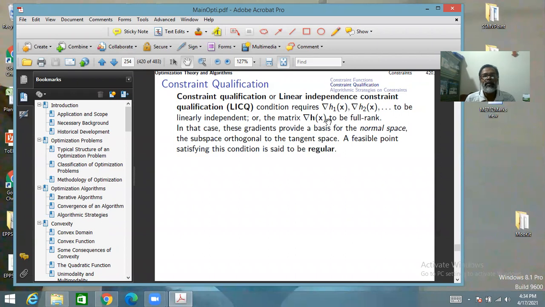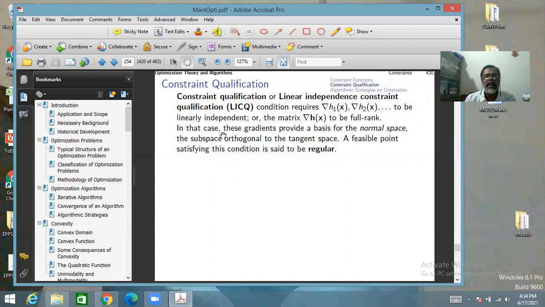So the full rank means rank should be m, not n. Not the dimension of the problem, but the number of active constraints at that point. So if all these are linearly independent, then m columns are linearly independent, and in that case it is of rank m, that is full rank. In that case, you say that constraint qualification condition holds.